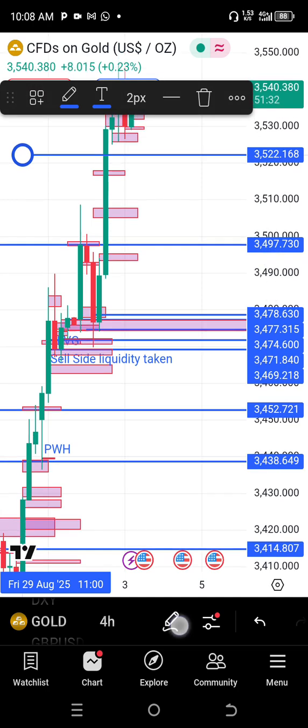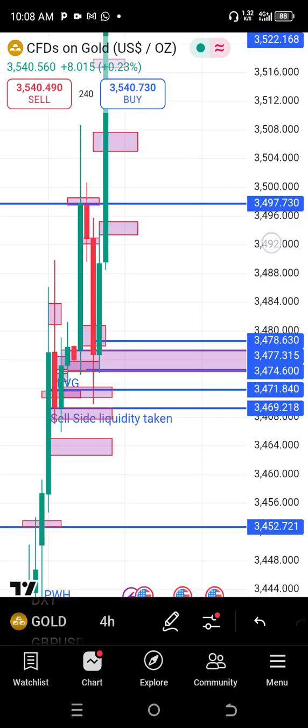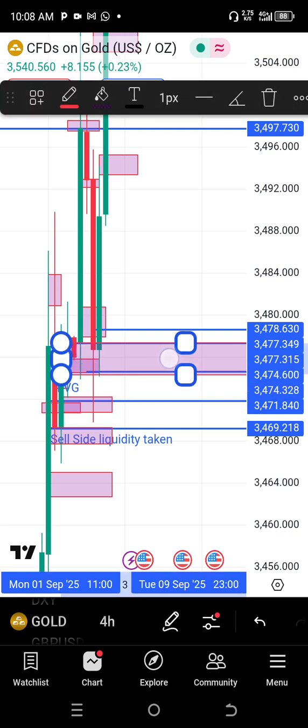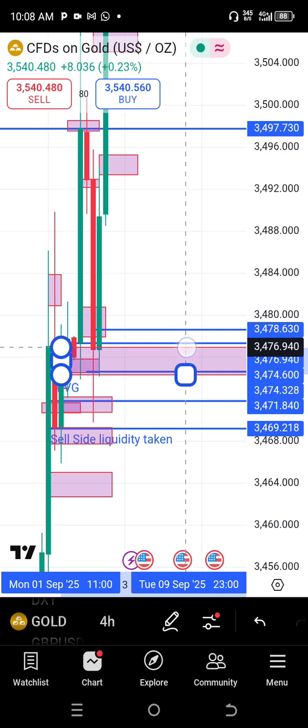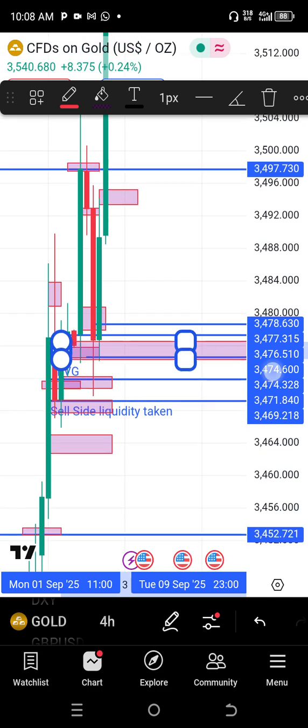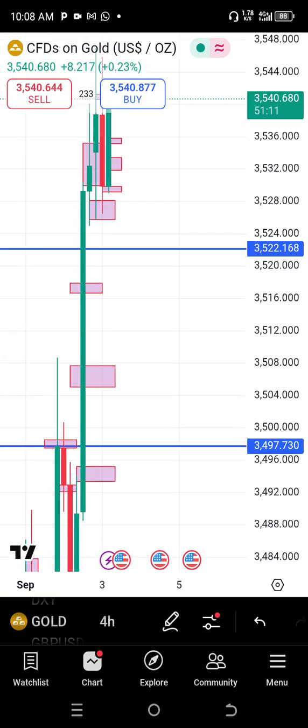Now, you can see from this point, that is where we have the rejection block. So if the market comes down to this area of interest, that point of rejection block, then the market is going to continue its bullish run up.